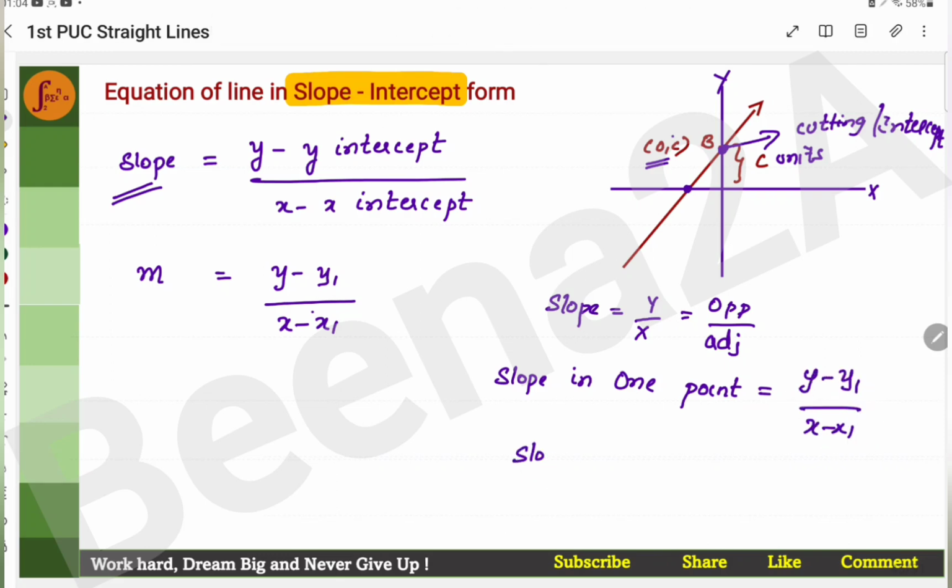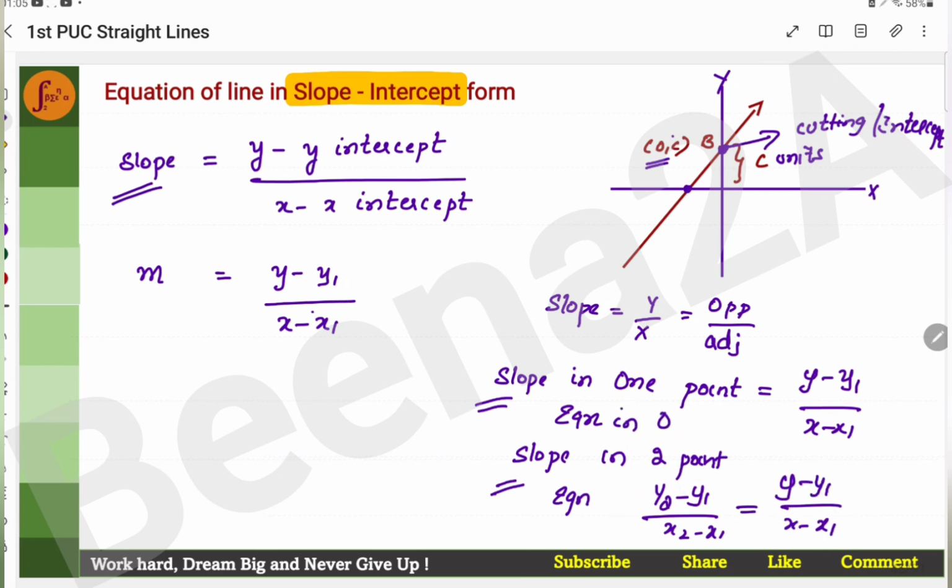Then we learnt slope in 2-point form, which is nothing but y2 minus y1 by x2 minus x1. Using the same formulas, we also came up with the equation for both. Equation for line joining 2 points, equation in 1-point form, right? Same formula we use and we come up with the equation, that's all.